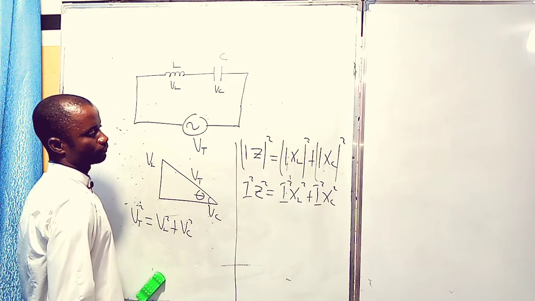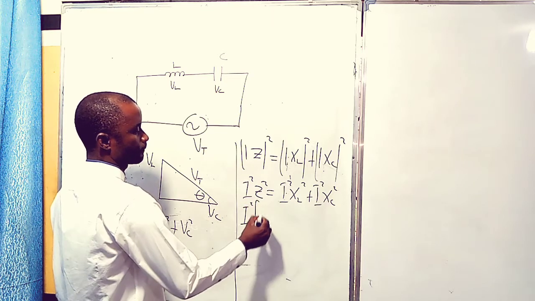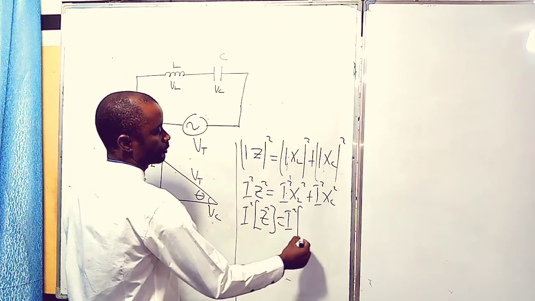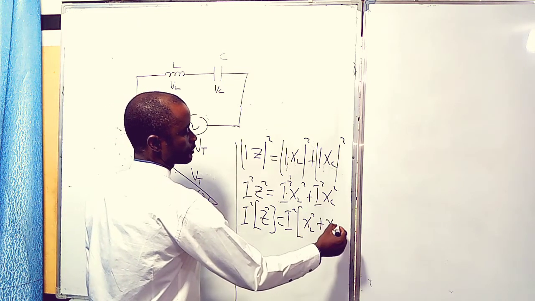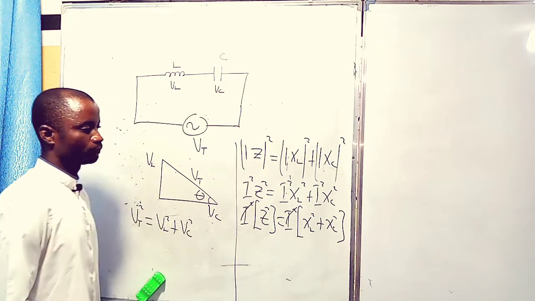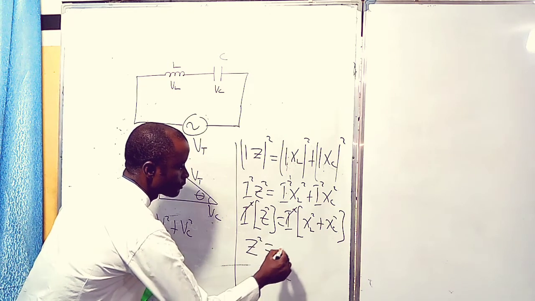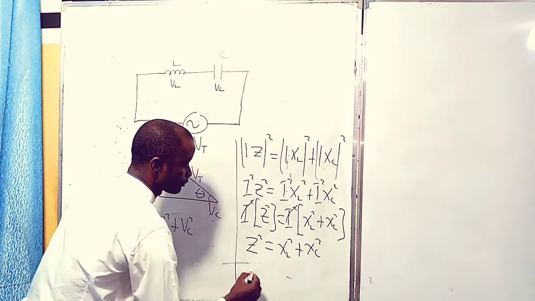Now therefore, the common factor is I. I goes with I. Hence you have Z square is equal to XL square plus XC square.